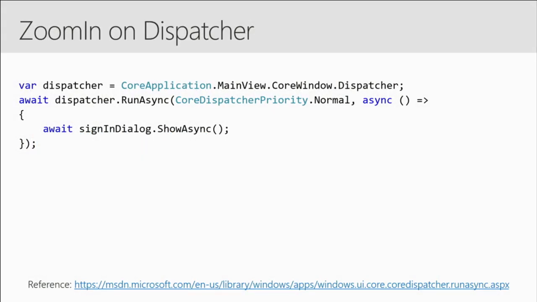This dispatcher class allows you to essentially say, bring me back to the UI thread. So essentially, if you need to change the UI, you need to come back to the UI thread. And that's OK, because the heavy lifting of your application was done asynchronously on a background thread.